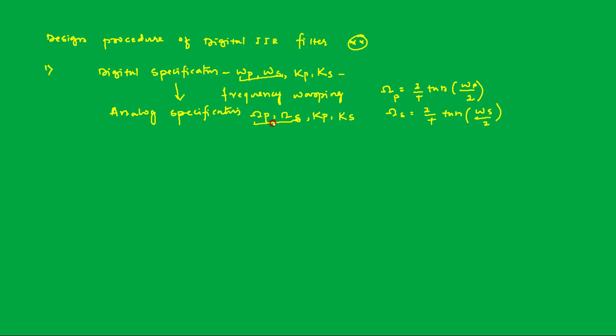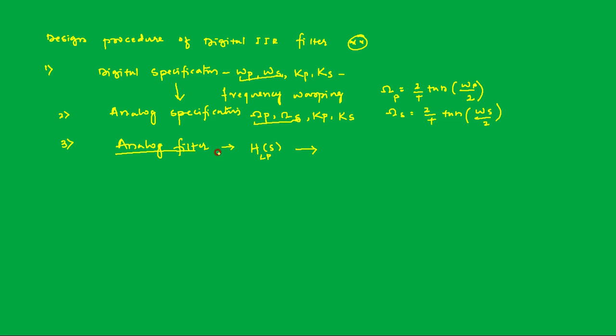So once you have omega P, omega S, Kp and Ks, the third step is what? To design the analog filter. The design of the analog filter is nothing but determining the transfer function H of s. It could be a low pass filter, high pass filter, band pass filter, or band stop filter, right? If it is a low pass filter, then I will write H LP of s.